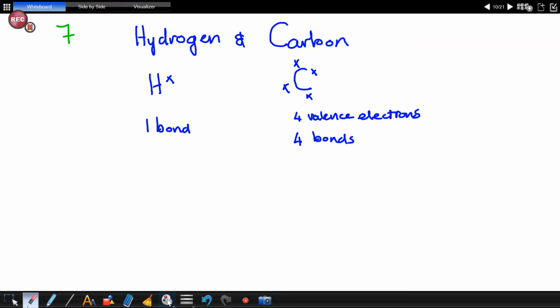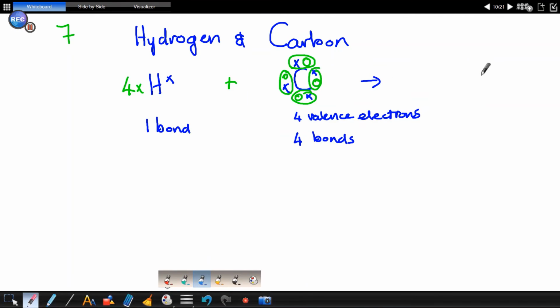Okay? So they form the 4 bonds there, and here, and here, and here. So how many hydrogens must I join? I will need 4 hydrogens. Yes. So this makes CH4.